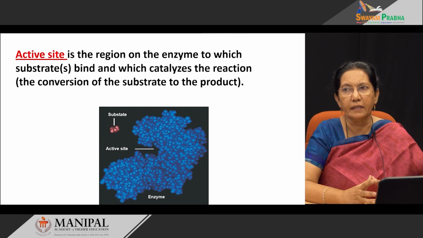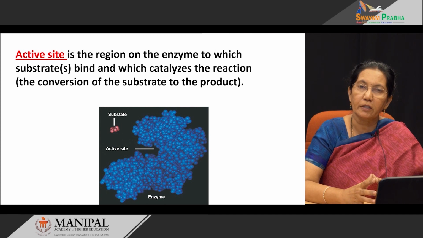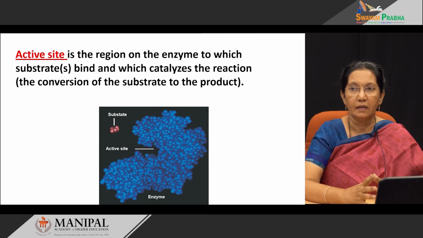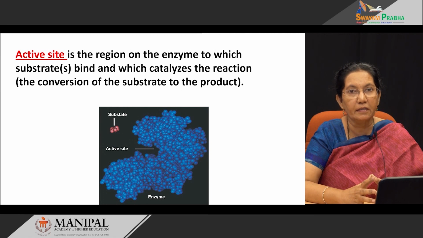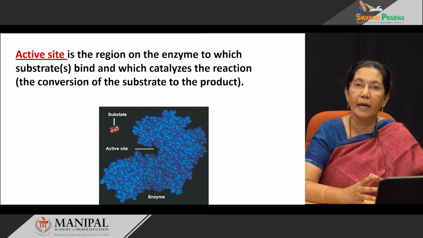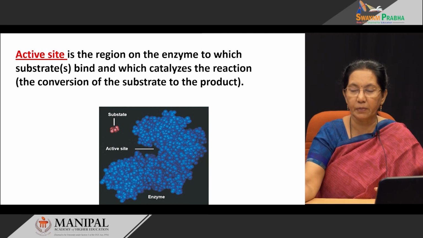The active site is that region of the enzyme to which the substrate binds and where the catalysis of that reaction occurs. That means, the active site is that important place in the enzyme where a substrate or several substrates get converted into a single product or multiple products.